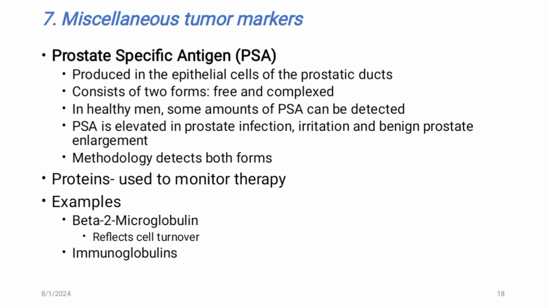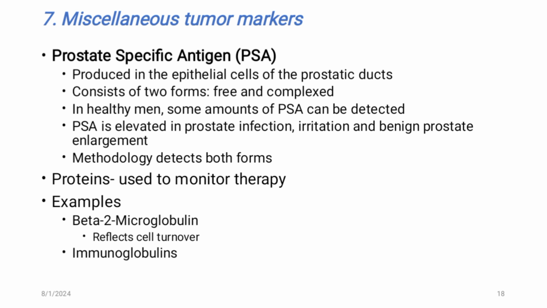PSA is also elevated in the prostatic infection, irritation, and benign prostate enlargement. The methodology detects both forms. So when we are carrying out the investigation of the PSA in the body, it would give us both the free and the complexed forms. The next one is the protein used to monitor the therapy.